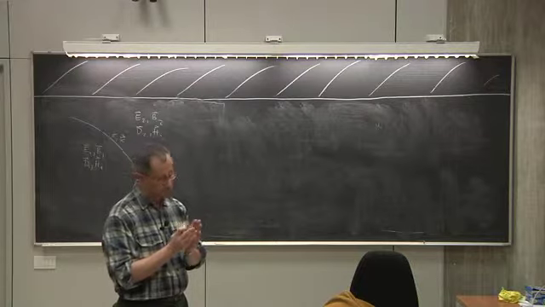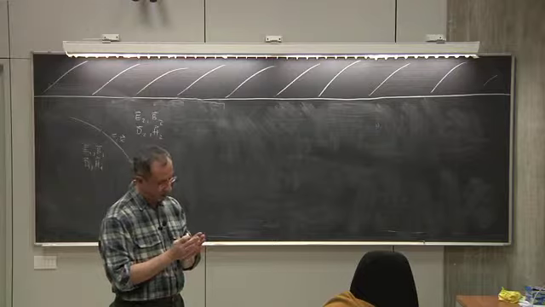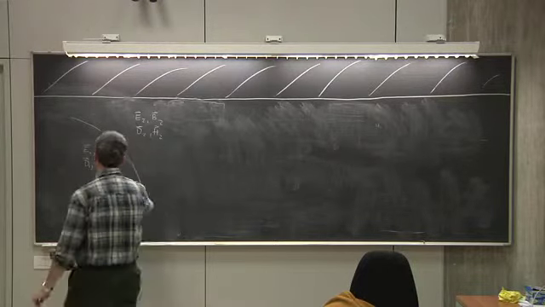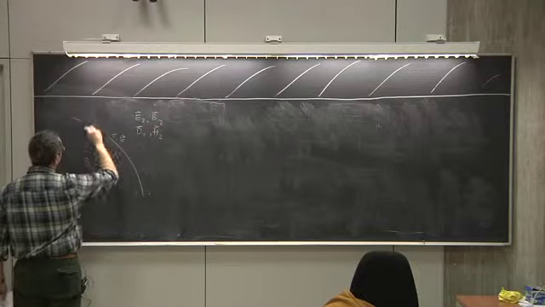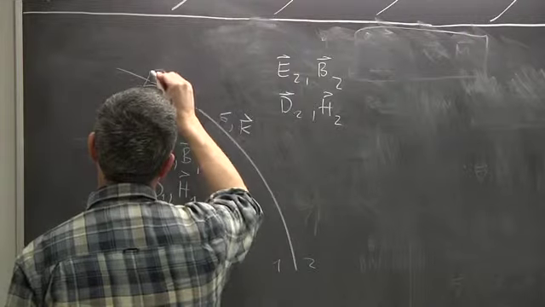Remember, the divergence through the Gauss theorem is linked with the flux, right? So I want to study the flux through this surface, and to do this I take a very small cylinder.